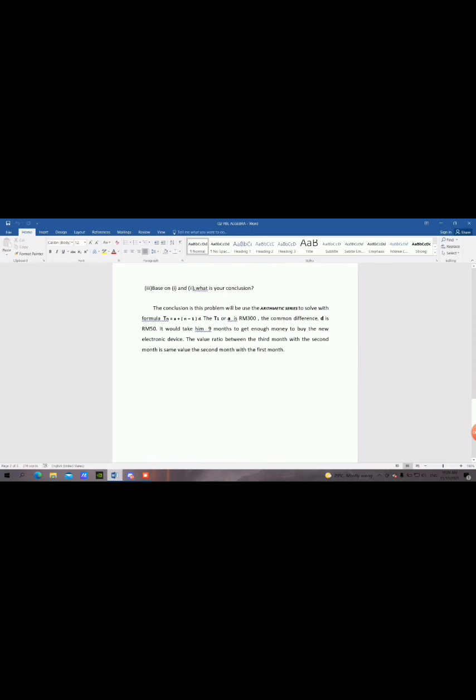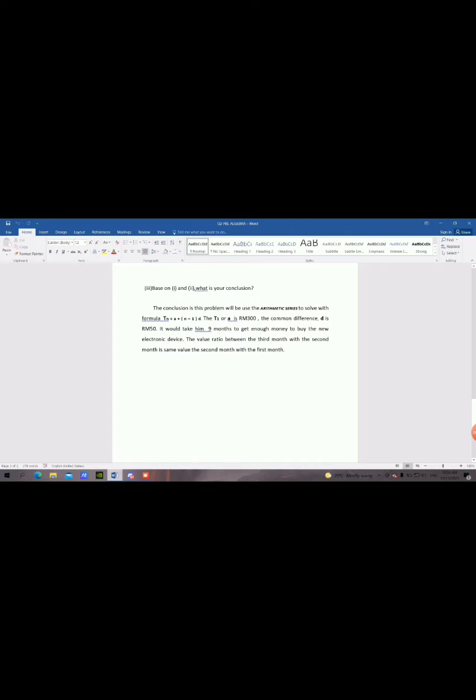Okay, for the 3 Roman, based on 1 Roman and 2 Roman, what is your conclusion? The conclusion is, in this problem, we must use an arithmetic series to solve with the formula Tn equals A plus open bracket n minus 1 close bracket D. The T1 or A is 300.